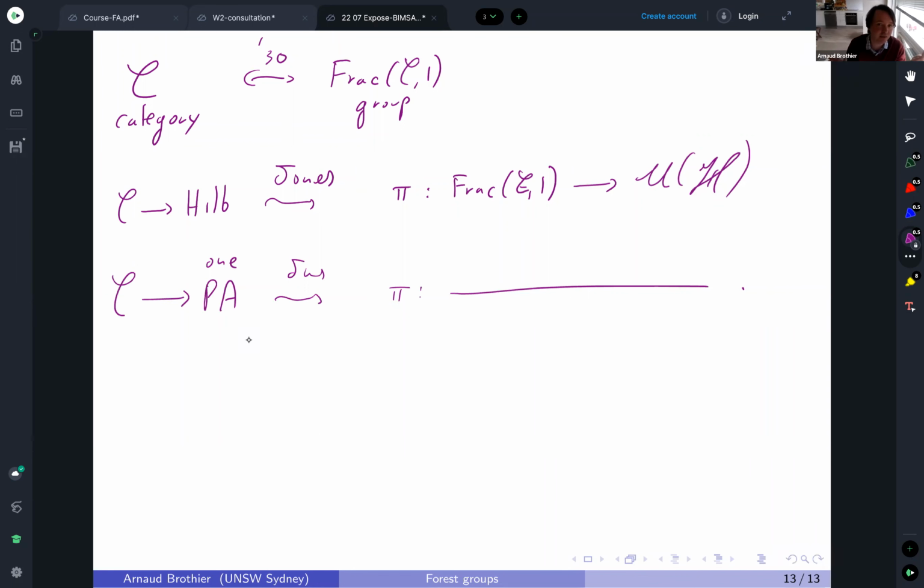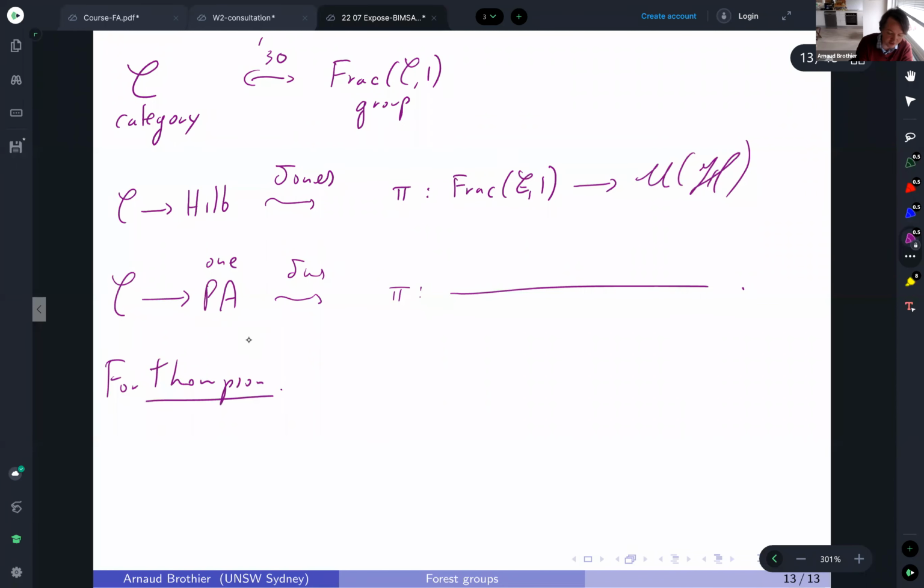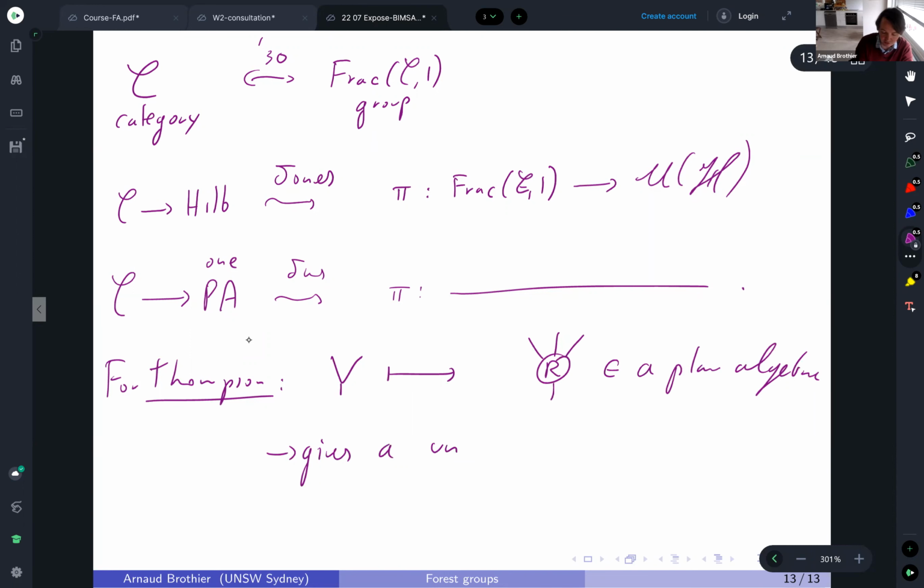I take a planar algebra, I have an inner product, etc. And for Thompson, you just have one morphism in your category, and you send that to one morphism that belongs to a planar algebra. And this gives a unitary representation of F of Thompson.